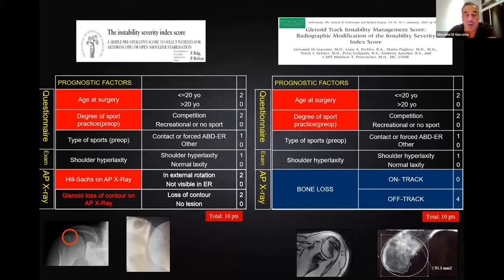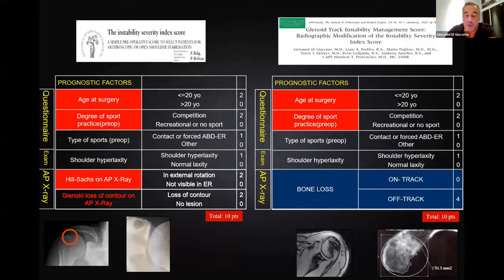According to Pascal Boileau, if the score of these risk factors is more than 3, you have a lot of possibility to have a recurrence if you treat this patient through an arthroscopic Bankart repair. If you follow this score, of course, many patients will be treated with a Latarjet because it's very easy to have more than 3 points.